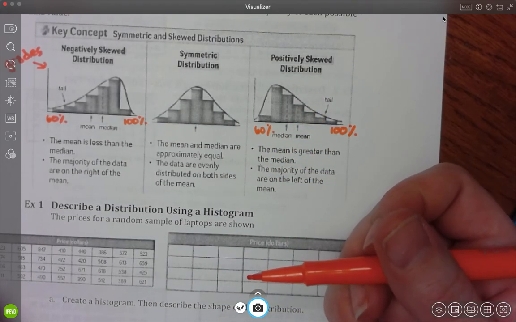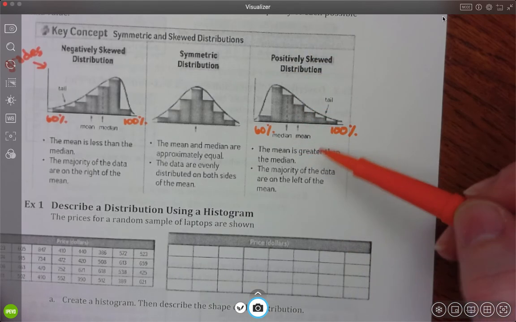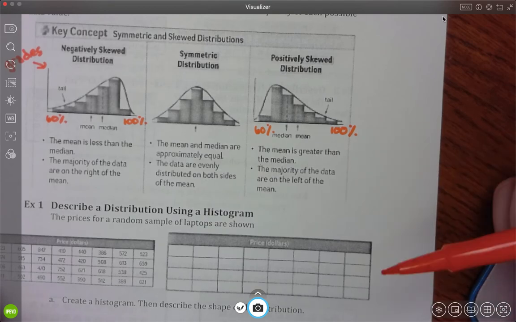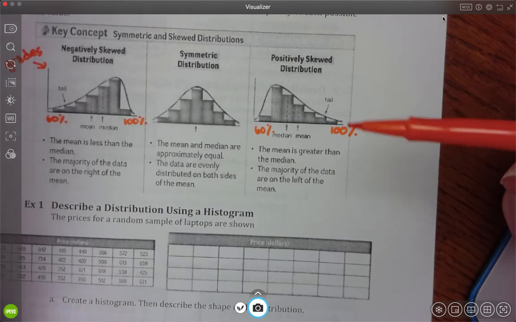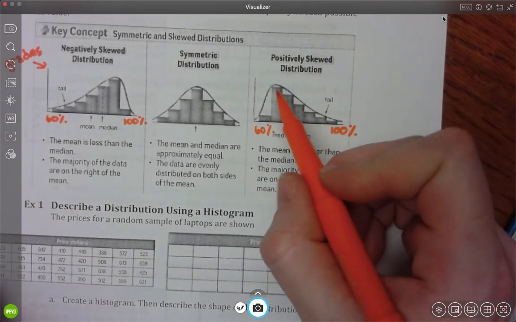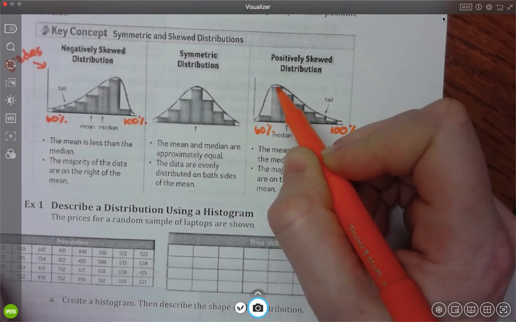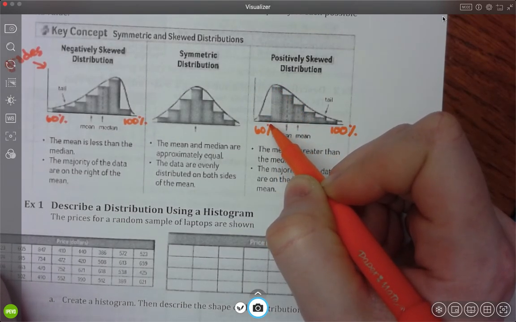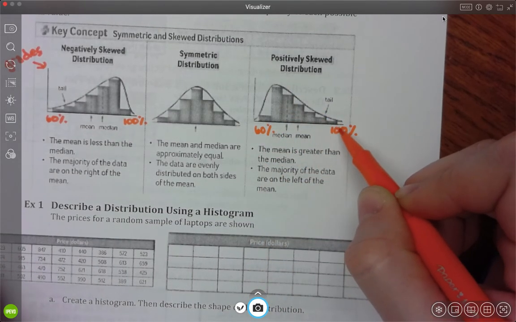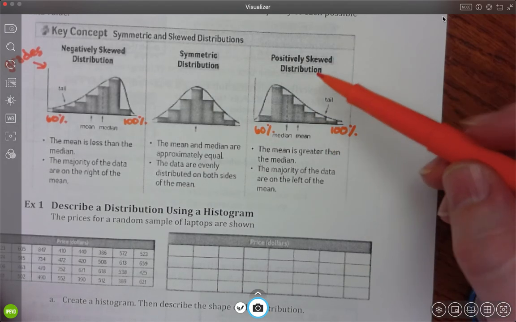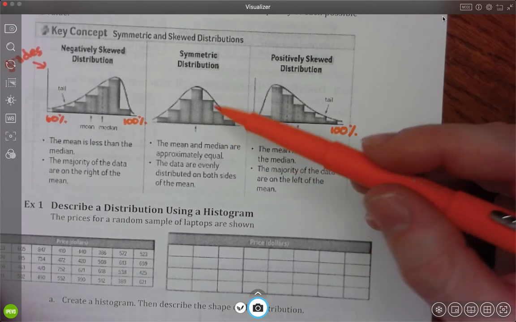This would not be positive, but it still represents a positively skewed distribution. This would be good if you're talking about death rates, okay? If I want as many low percentage deaths and not as many high percentage deaths, that is a way you could think about it. But negatively skewed, positively skewed, and then symmetric in the middle.